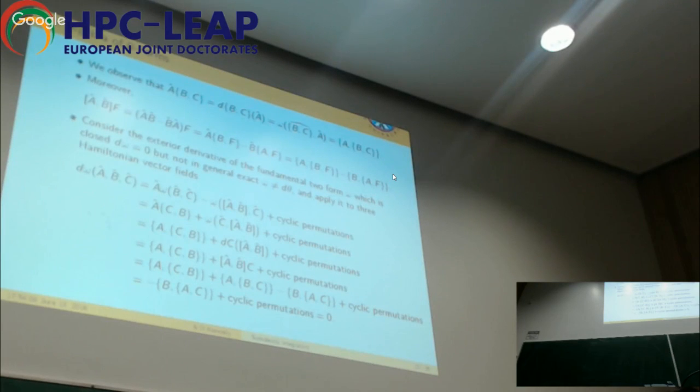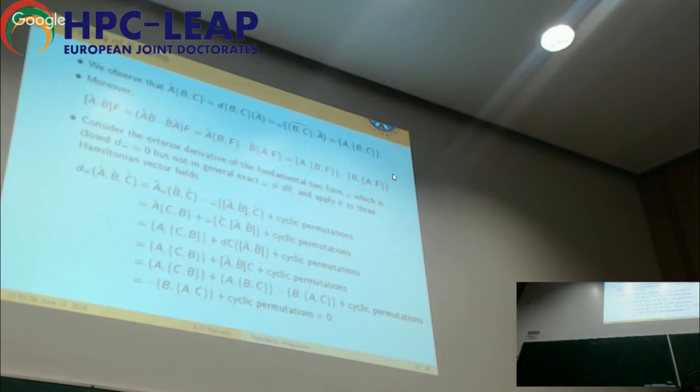And we can go further because there's a commutator of two Hamiltonian vector fields, A hat and B hat, and we can apply that to an arbitrary 0 form F. So the commutator is defined to be A hat B hat minus B hat A hat, and we can apply that to F. Now B hat applied to F just gave us the Poisson bracket of B with F. That was the definition of the Poisson bracket.